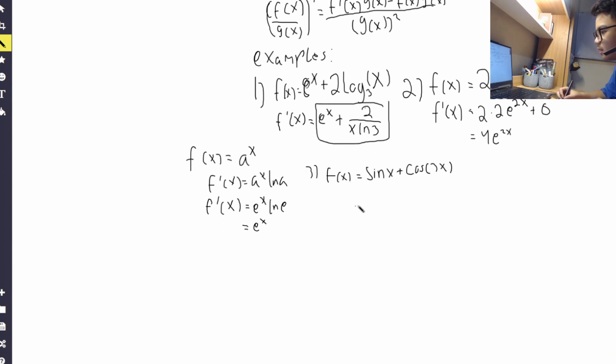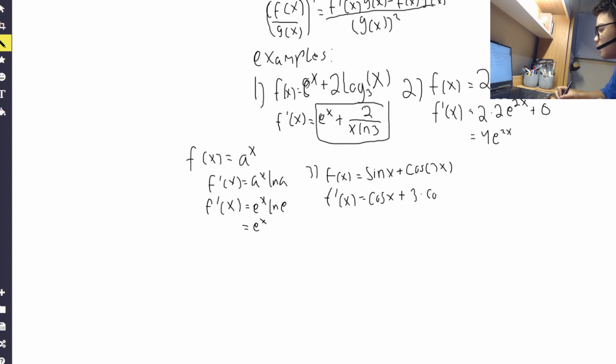We know that the derivative of sine x is cosine x, so we can just write that as cosine x, plus cosine of 3x. We're going to use the chain rule, so we take the derivative of 3x and multiply it by cosine 3x. The derivative of 3x will be 3, right?